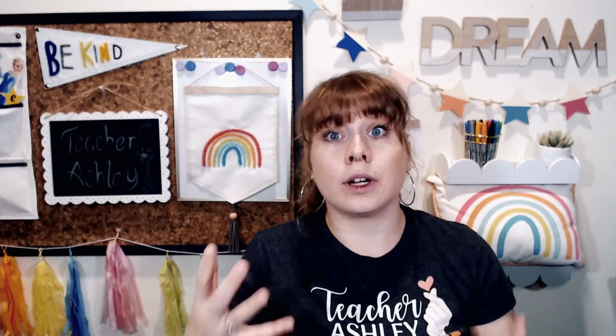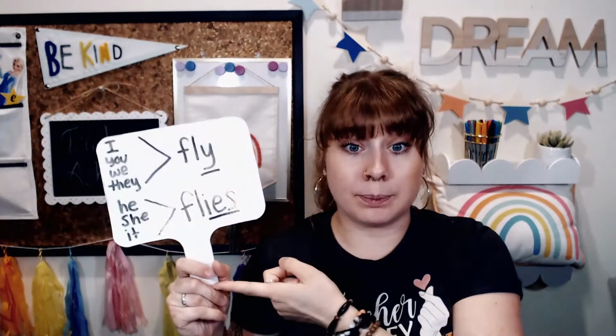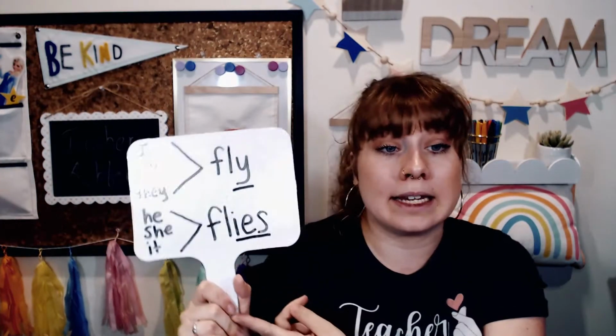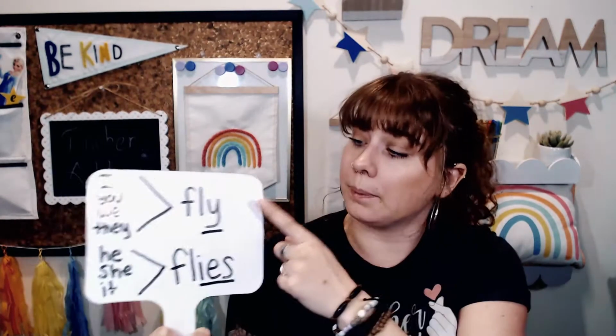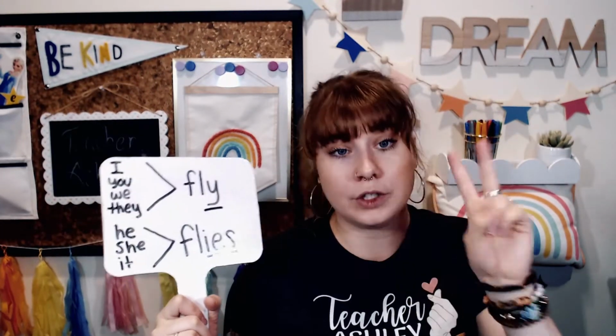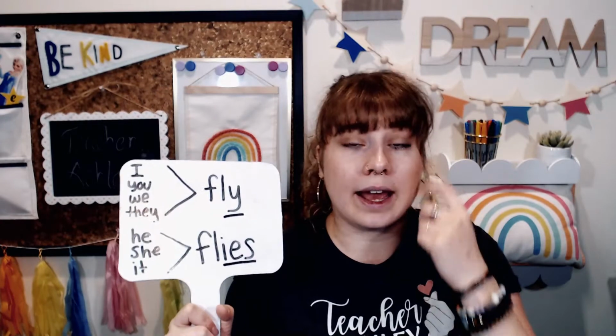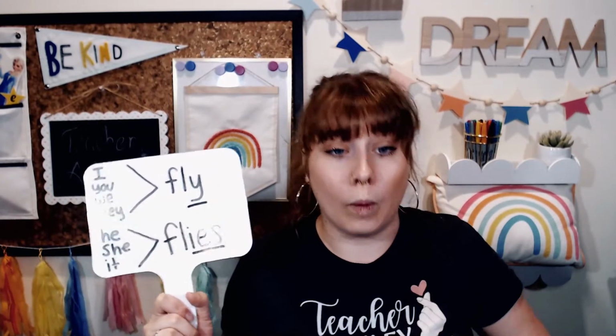For slide number 6, we're going to be jumping into our introduction of our main verb for this lesson, which is to fly. So we're going to be demonstrating on this slide the different conjugations of fly. So this is where this prop comes in super handy. Once again, we're going to have them repeat both words 2 times and then have them repeat each sentence 1 time.